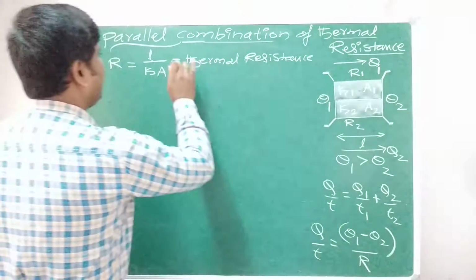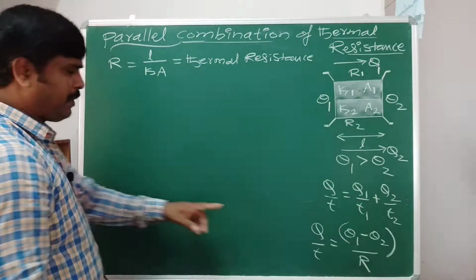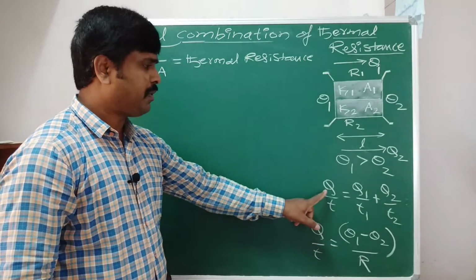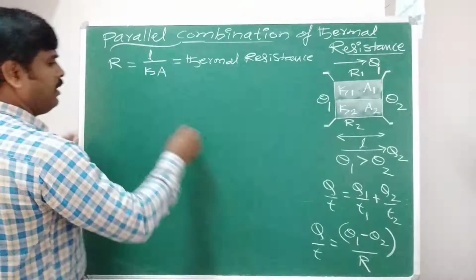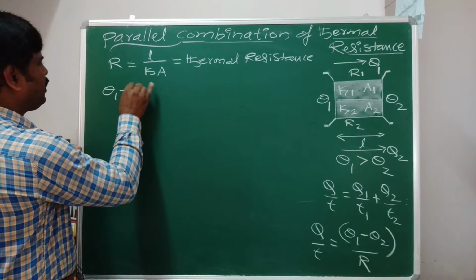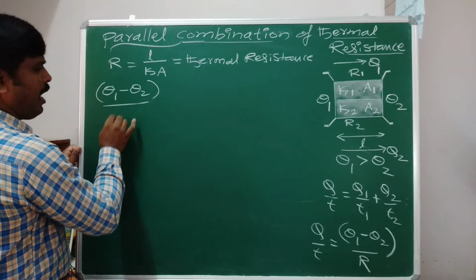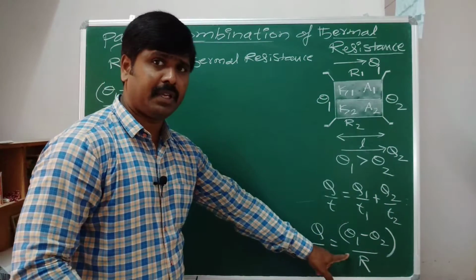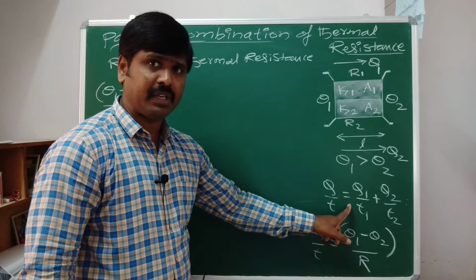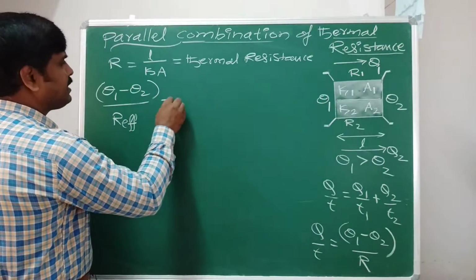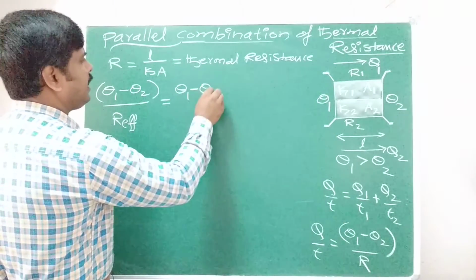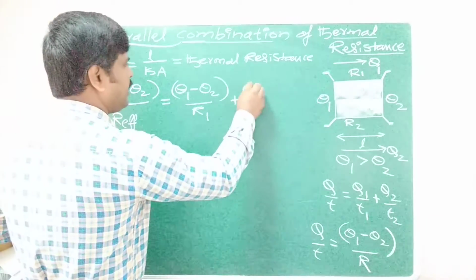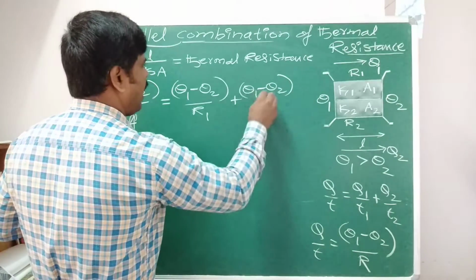Continuing, replacing the values in this equation, the resultant equation is Q by T equals (θ1 minus θ2) divided by R effective. On the right-hand side, it is (θ1 minus θ2) divided by R1 plus (θ1 minus θ2) divided by R2.